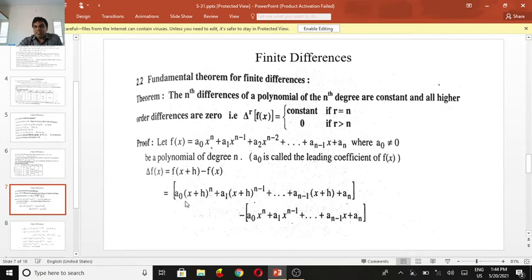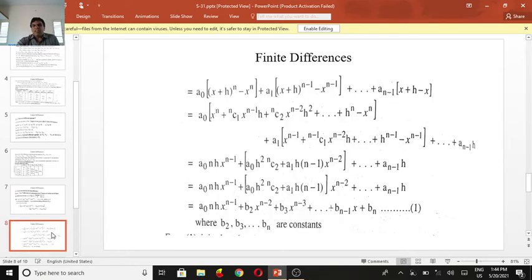That is, we get a naught times x plus h whole power n plus a1 times x plus h whole power n minus 1 plus a2 times x plus h whole power n minus 2 etc. a n minus 1 times x plus h plus a n, minus the f of x in the polynomial form: a naught x power n plus a1 x power n minus 1 plus a2 x power n minus 2 plus etc. a n minus 1 x plus a n. So again we get a difference.